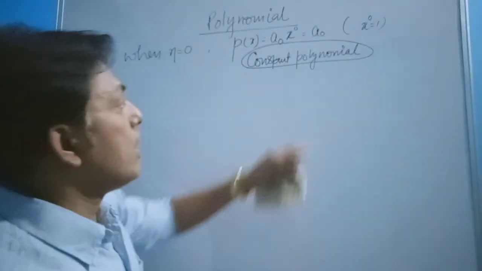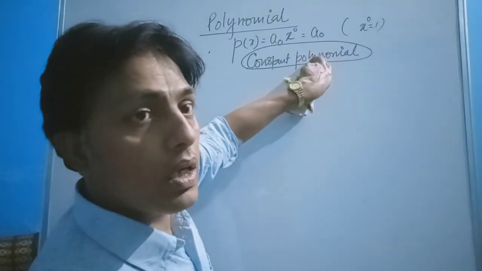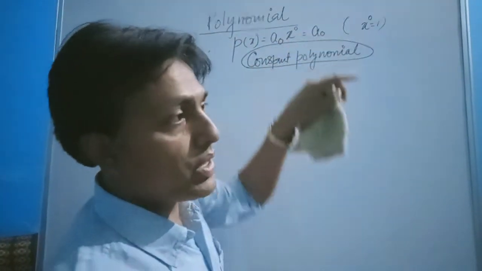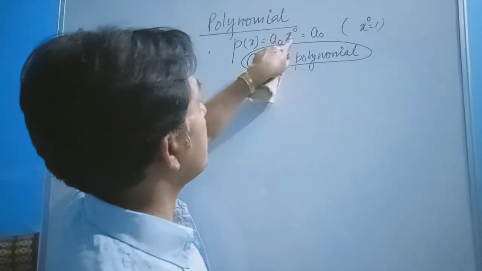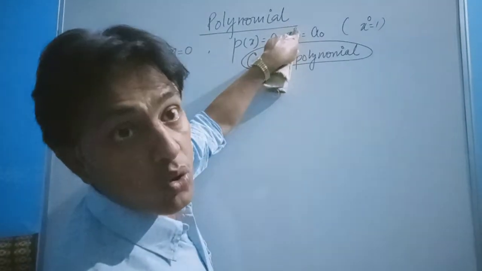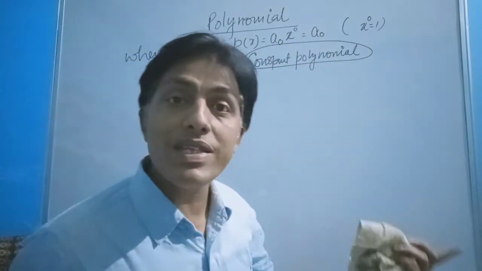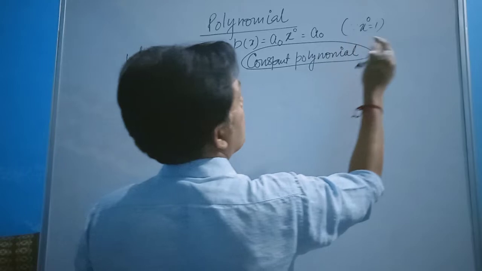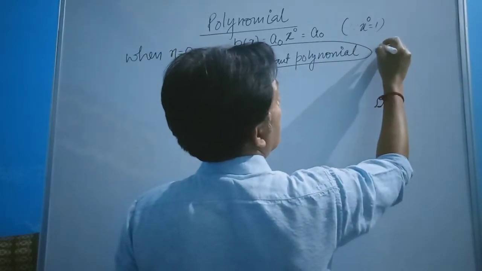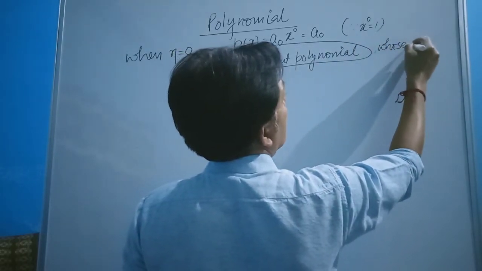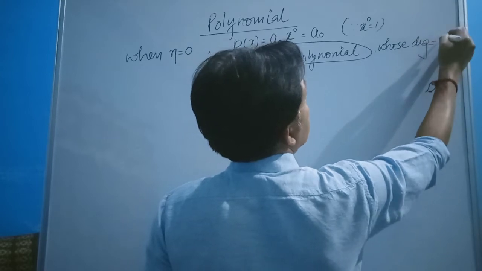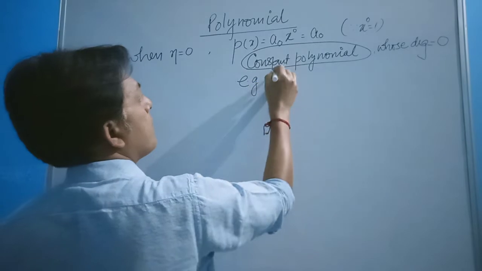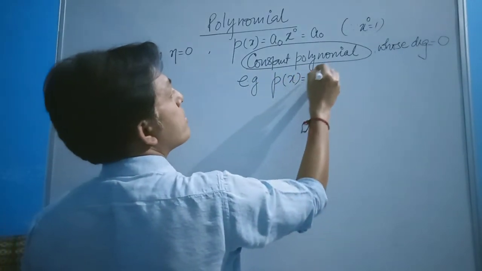Remember, a polynomial like px is equal to a0, what is the speciality? Here the power of x is 0. Power of x is 0 means the degree is 0, means the constant polynomial whose degree is 0. For example, px is equal to 4.